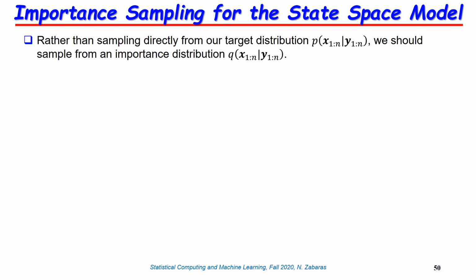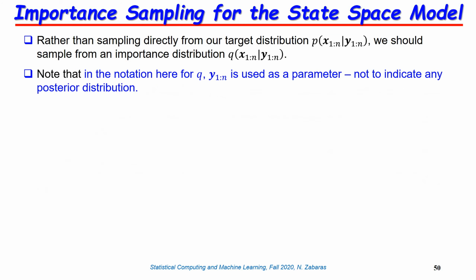So for now, let me give you the importance sampling version approximations of the state space model. So remember, our target distribution is this. So we're going to use an importance distribution Q, which is easier to sample from. And this importance distribution, by the way, try not to be confused, this bar here does not indicate posterior, okay? So this is a distribution of the variables x from 1 to n. And here I want to indicate that this importance distribution is a function of the y's of your observation.